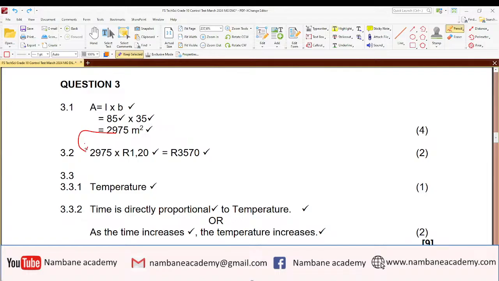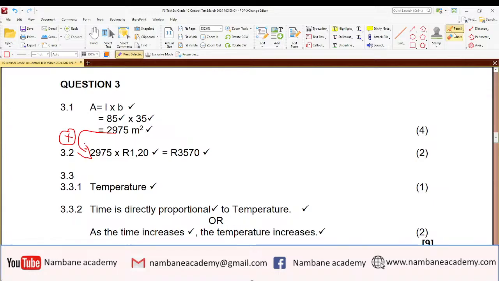The reason for having positive marking, ladies and gentlemen, is now the skill that we want to assess is that learners are able to calculate area and understand that we need to multiply the area with now what? With tariff in order for us to get the entire amount that is needed now to mow the entire field.